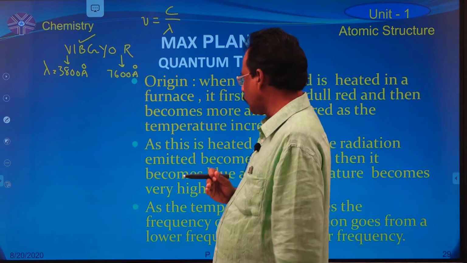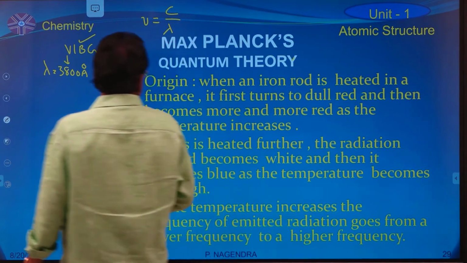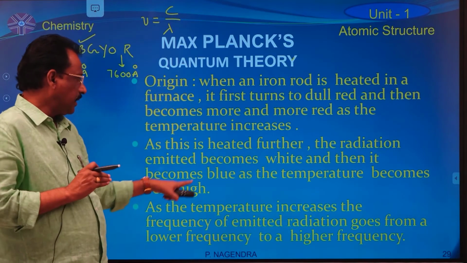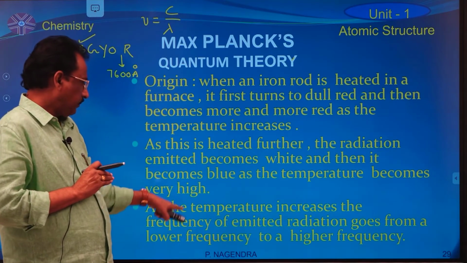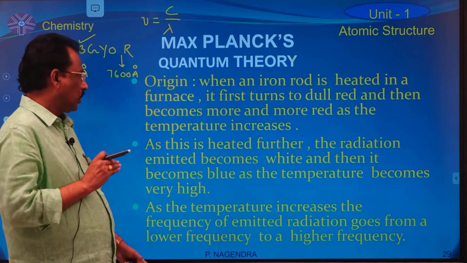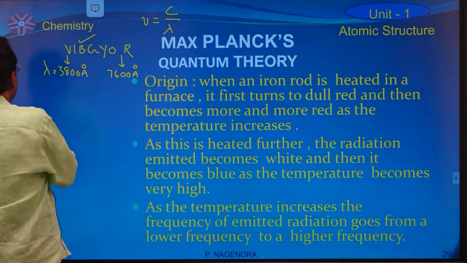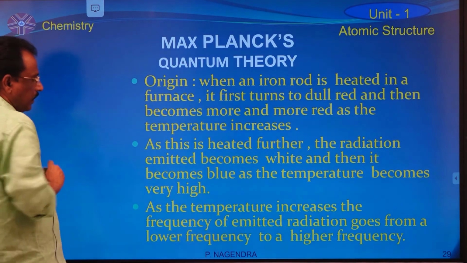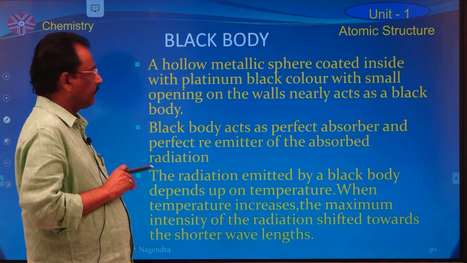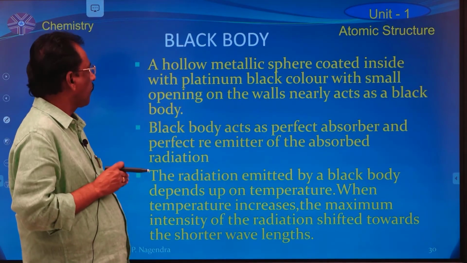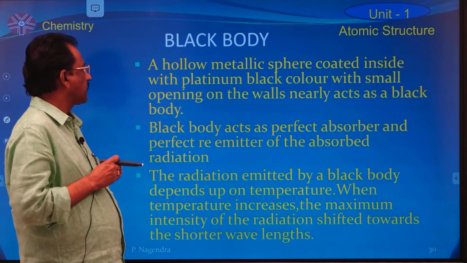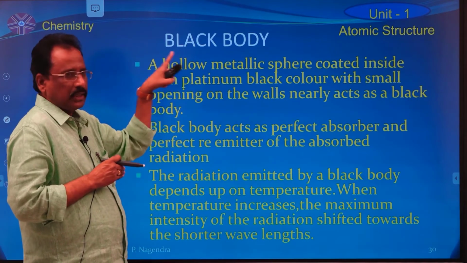So according to Max Planck's quantum theory, as the temperature increases, the frequency of the emitted radiation goes from lower frequency to higher frequency. Based on this origin, this theory successfully explains black body radiation.